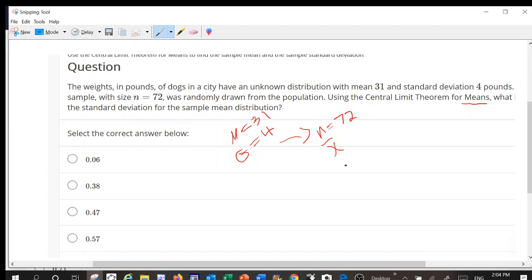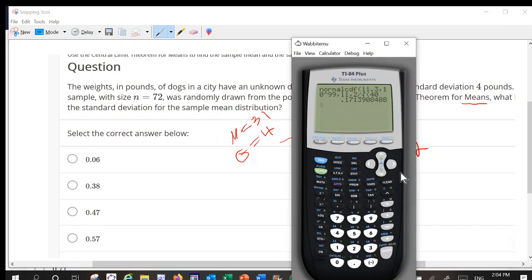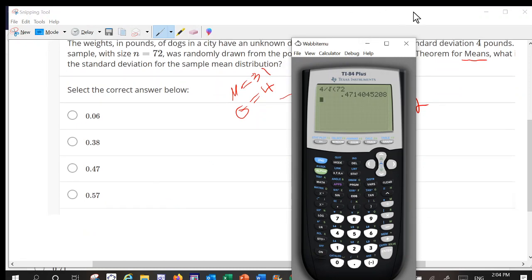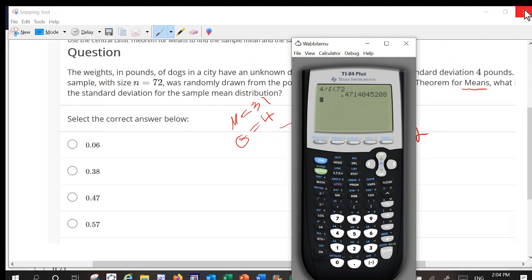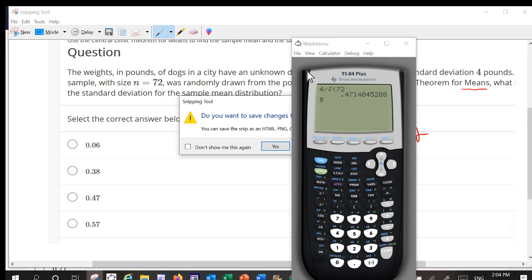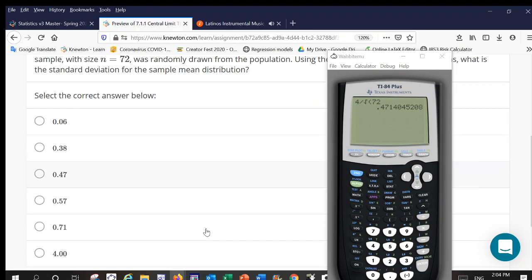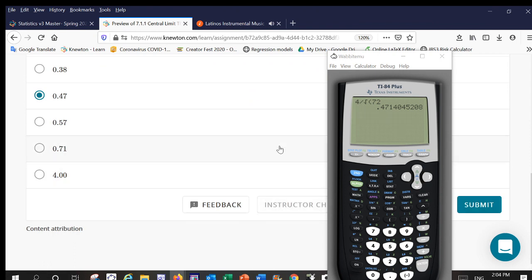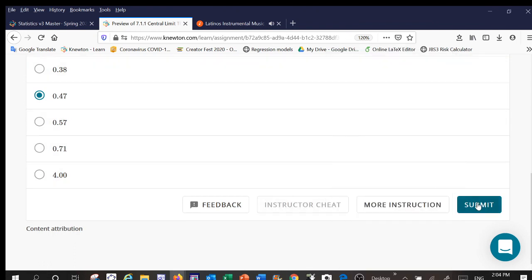Well, the standard deviation of the sample means would be 4 divided by square root of 72. And that is 0.47. All right.